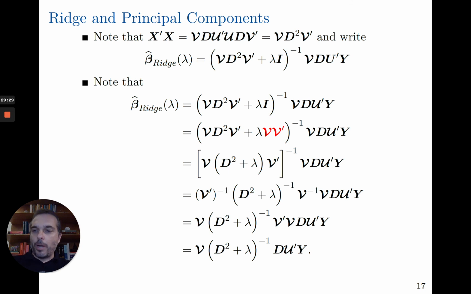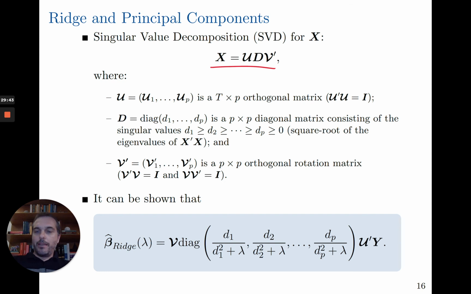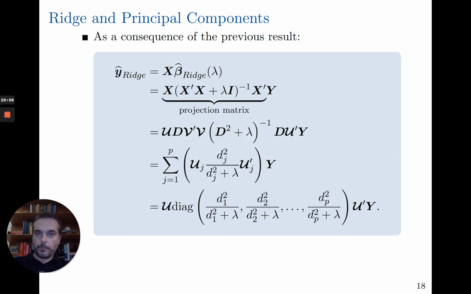Simple algebra gives V (D squared plus lambda) inverse D U prime Y, which is exactly the expression in the blue rectangle. In the derivation we use the fact, of course, that V inverse equals V prime.